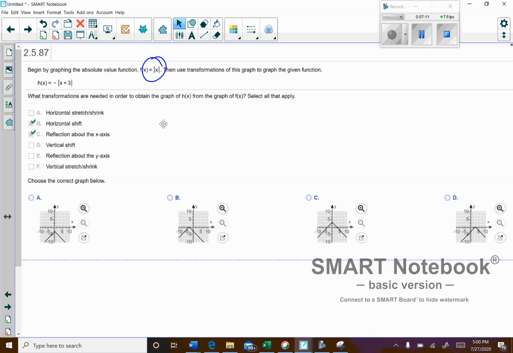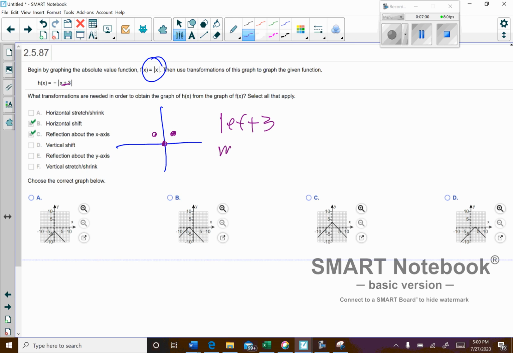So if I was looking at this, I'm going to take those 3 key points right there. And so that's going to cause me to go left 3, and then I'm going to reflect across the x-axis, or you could say, I like to say multiply y by -1. It's personal preference. If you want to describe it as a reflection, that's fine, because it is.